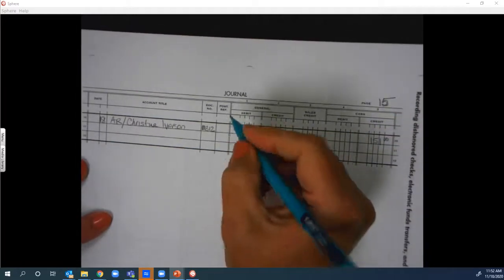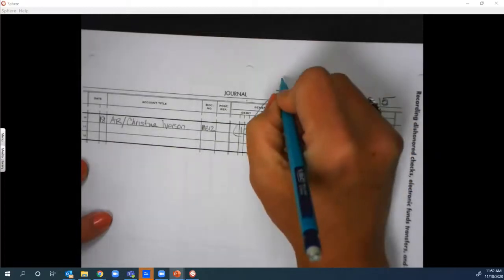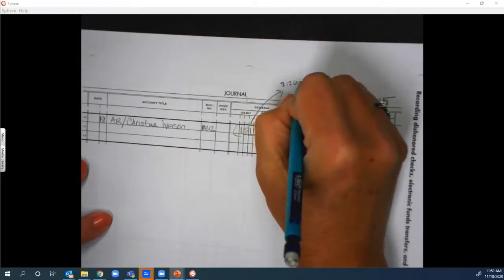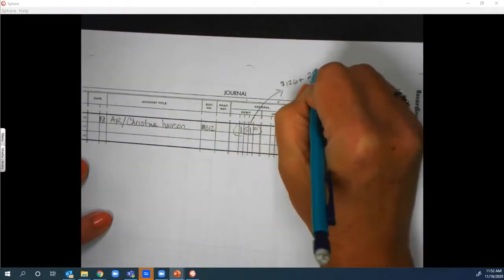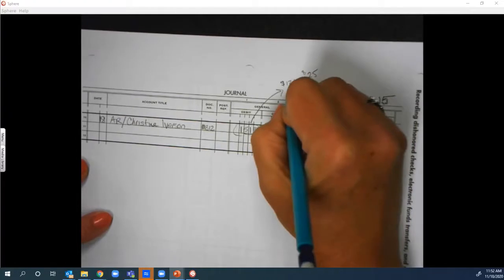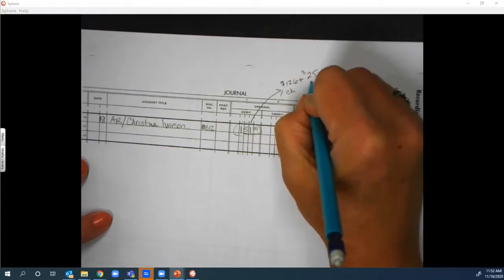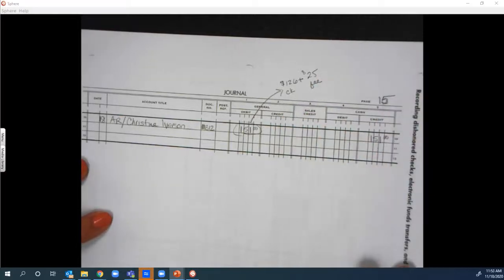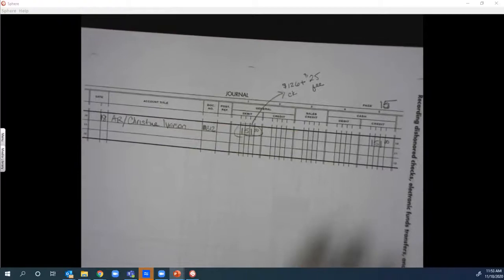So this dollar amount right here is the original $126 plus the $25. This was the original check, and this was the overage fee. Any questions on that?